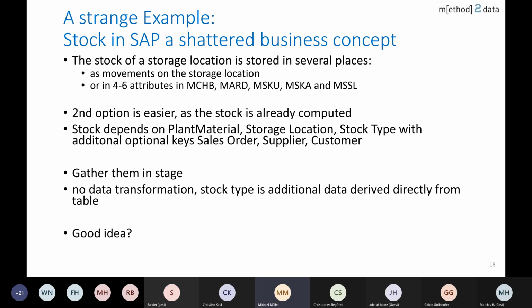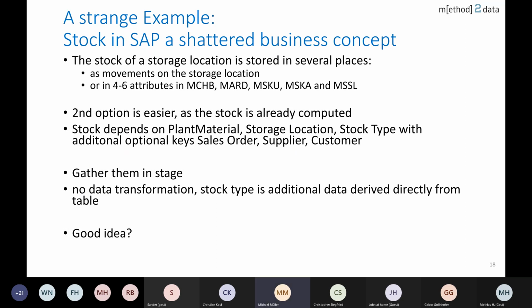If you try to get the stock of an SAP system, you can either go to a table where you just get the differences and you need to add it up all the time, so you don't get a baseline, you only get adding figures, or you can go to 4 to 6 attributes in 5 different tables, and then you will get a complete stock as well.